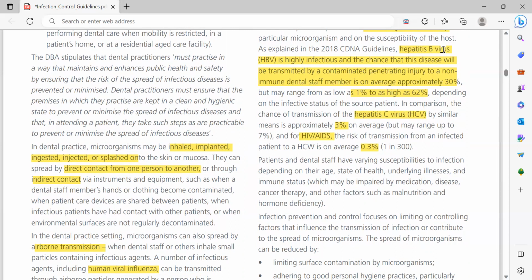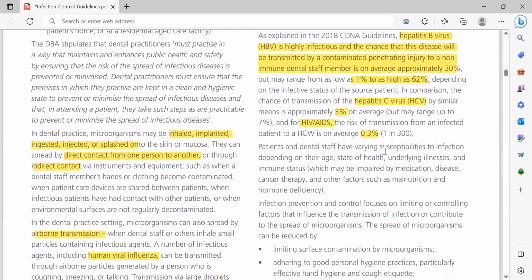For hepatitis B it is more, which is 30%. For hepatitis C, it's 3%, and for HIV, it's 0.3%.